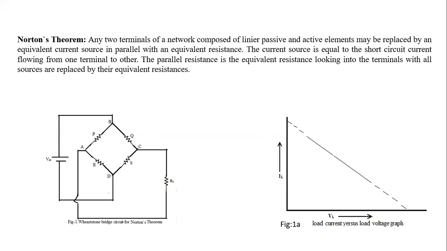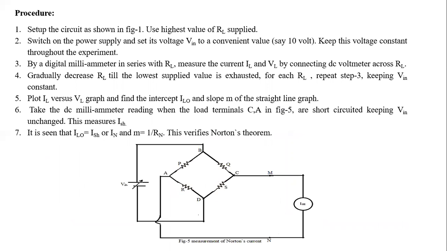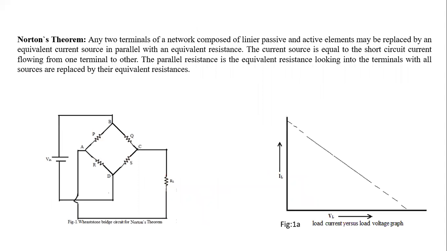Practically we can short C and A with some wire, and we can connect one ammeter there, and we can measure the short circuit current between C and A. Like this circuit, we can see here between C and A it is shorted, and an ammeter is placed to measure ISH. So we can measure ISH here.